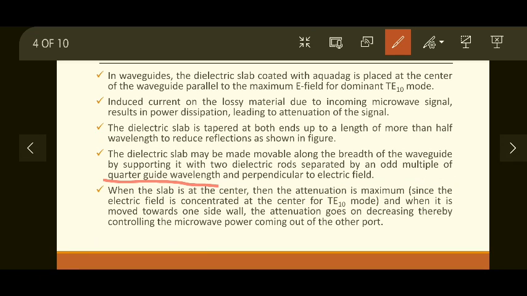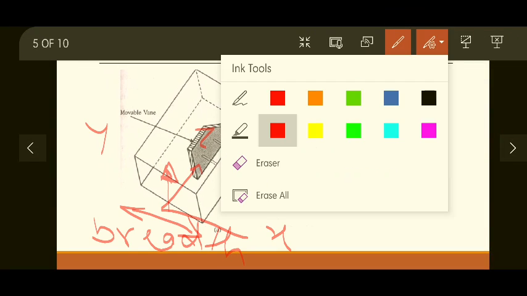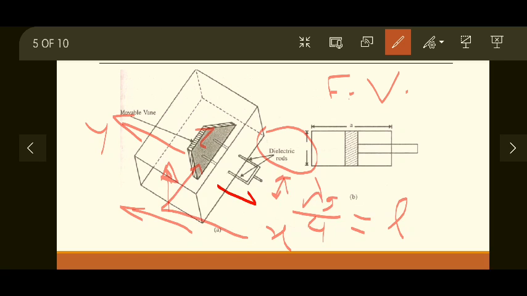So the difference of length between these two rods is a multiple of the guided wavelength divided by 4. So the length is lambda g by 4 between the two rods. Now these rods help in moving the dielectric card or dielectric slab in this direction or in this direction.